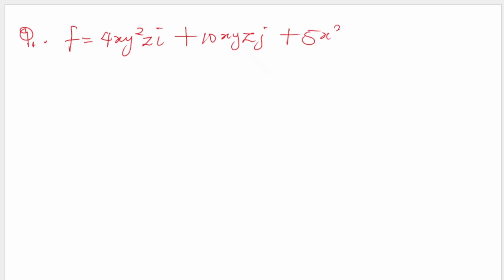The first question here: we are asked to find the divergence of an electric field vector, and we are given the electric field vector to be 4xy squared z i component plus 10xyz j component plus 5x squared y squared z squared k component at point 1, 2, and 10.